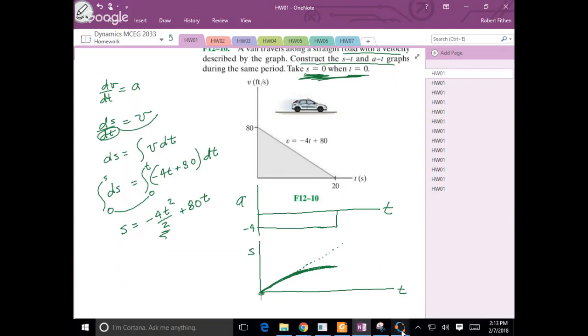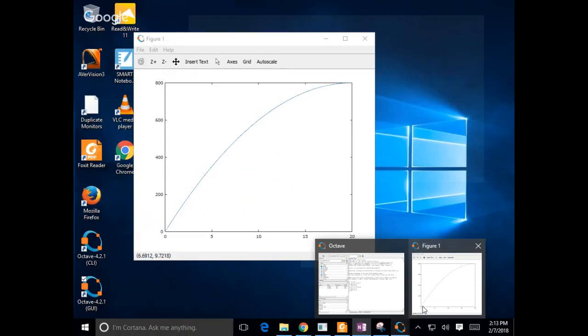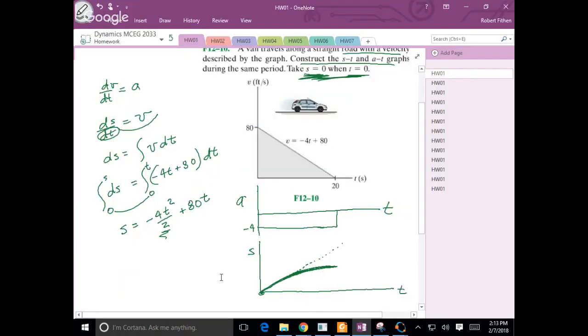However, that is kind of what I drew, although mine doesn't look as accentuated as his. And of course, what I would ask, like on the test, is how far did it go in 20 seconds?